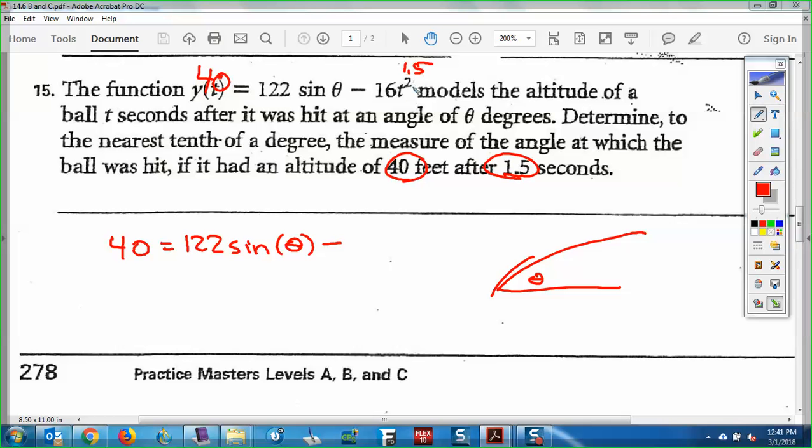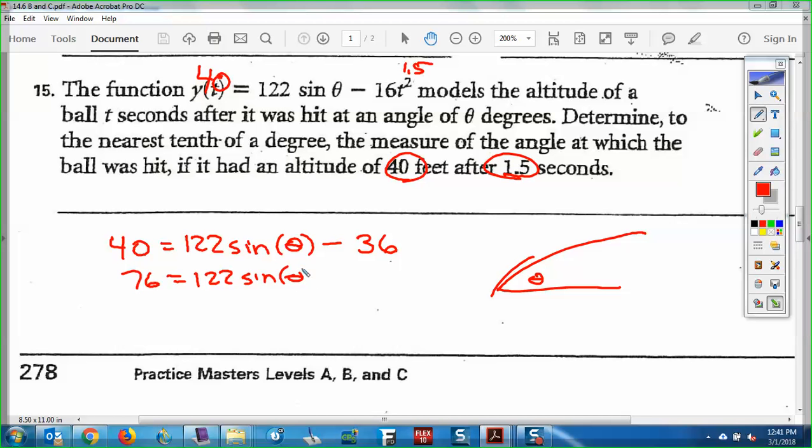And this would be a calculator one. What's 16 times 1.5 squared? Exactly, 36. So 1.5 squared times 16 would be 36. Pretty straightforward here, right? Once you get that part figured out, that you plug a 40 in for the y and a 1.5 in for the t, now you're just going to do what? Add 36.